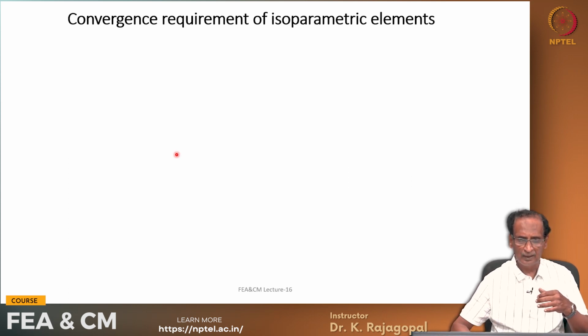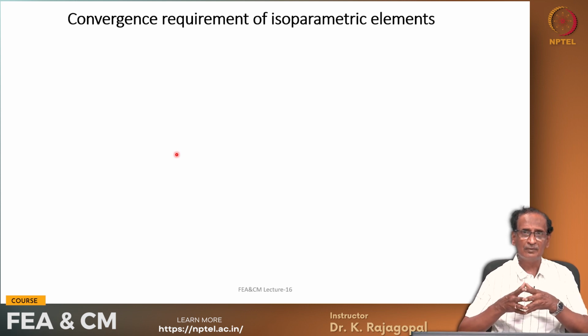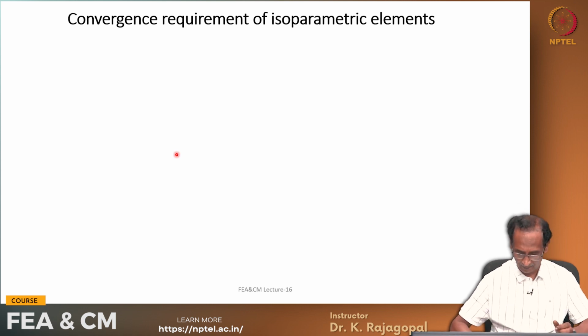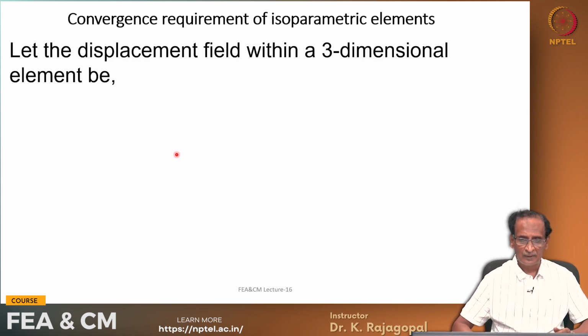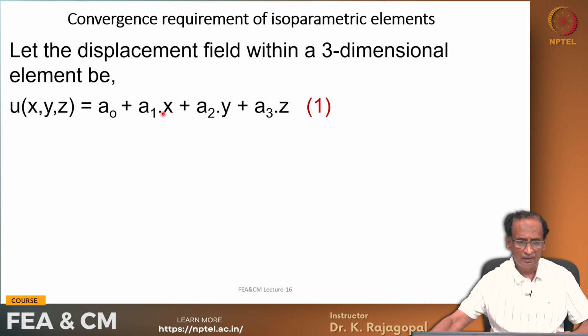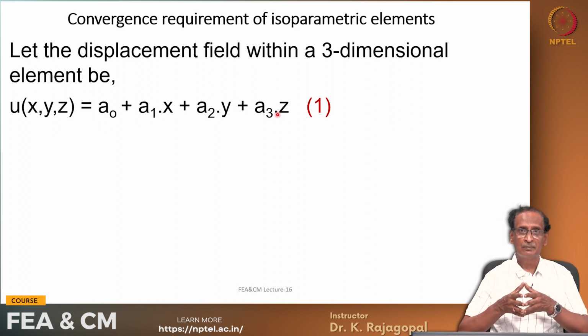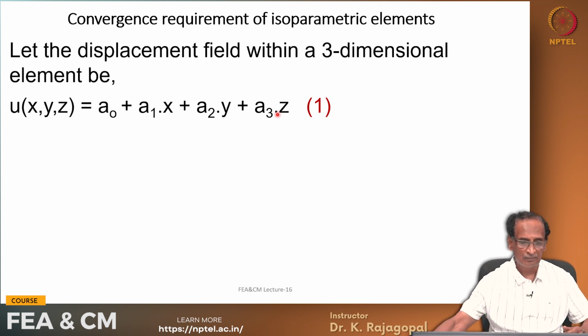Before we do the calculations, let us see what the requirement is for convergence with the isoparametric elements. Let the displacement field be expressed as A0 plus A1x plus A2y plus A3z. This is as per our generalized coordinate method, and this is particular for 3 dimensions, because we have 3 coordinates x, y and z.